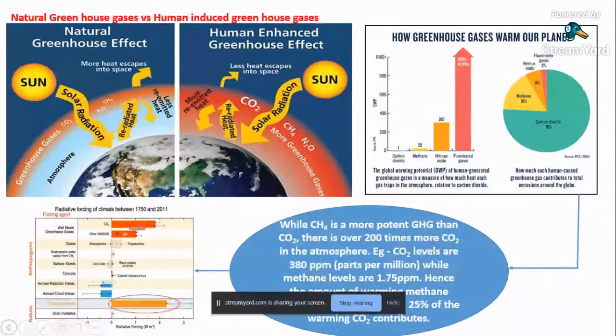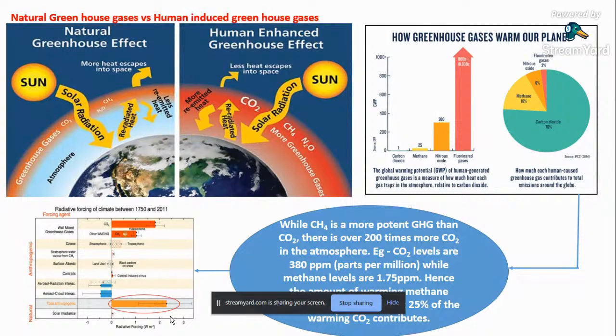So here, if you see the radiative forcing, this zero is like zero radiative forcing. If it is on the negative side, the atmosphere will cool. If it is on the positive side, the atmosphere will warm. So aerosols and all help with surface cooling. Even stratospheric ozone also helps with surface cooling or normal atmospheric temperatures.